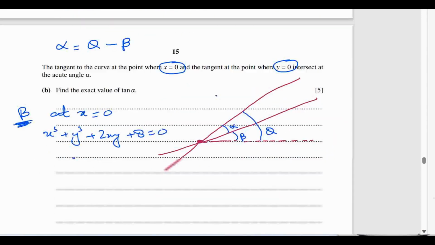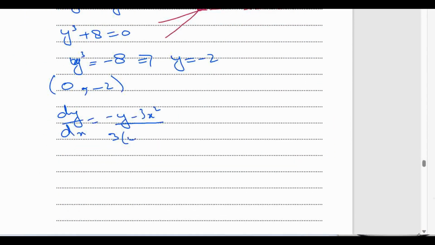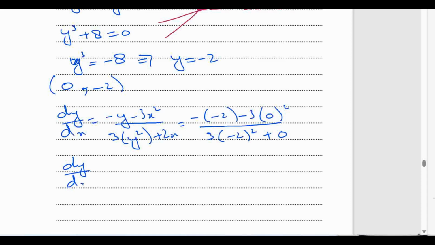Putting in the values, what will you get? Minus into minus 2, minus 3 into 0 square, whole divided by 3 into minus 2 square plus 0. So dy by dx will be equals to, now this will be 2 divided by 3 into 4.